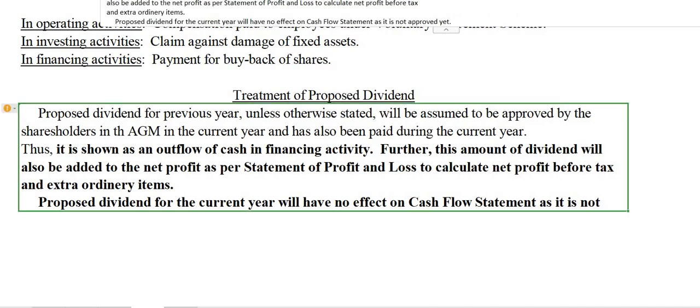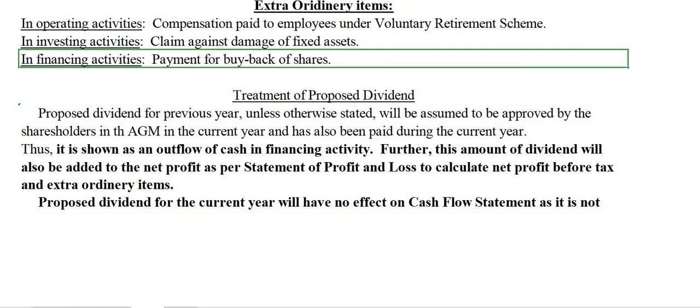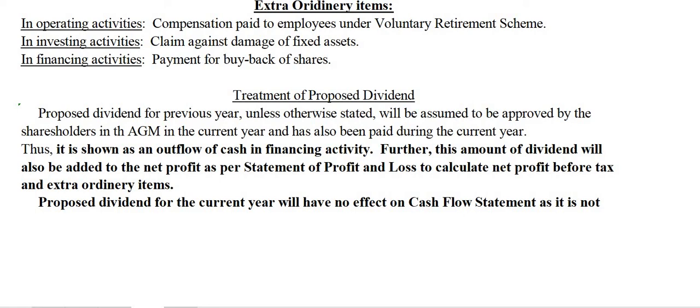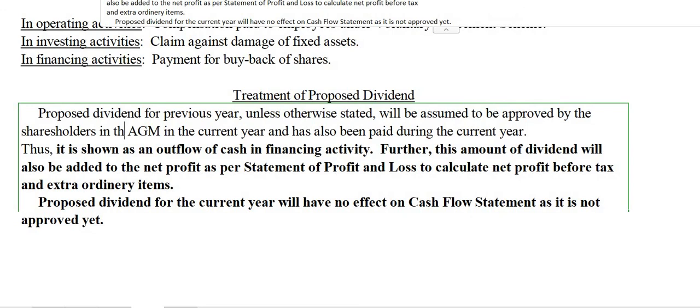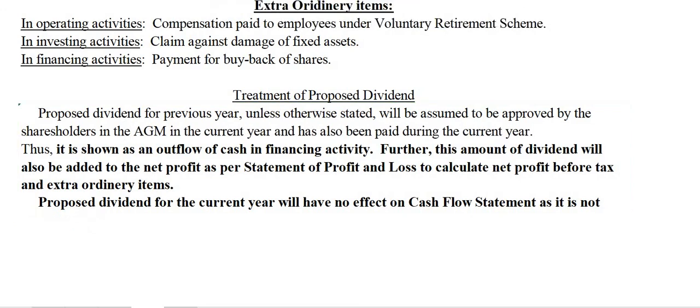What is the reason for that? That is given here. Proposed dividend for the previous year, if it is not stated otherwise, will be assumed to be approved by the shareholders in the annual general body meeting. That means proposed dividend means dividend is decided in the annual general body meeting to pay to shareholders.